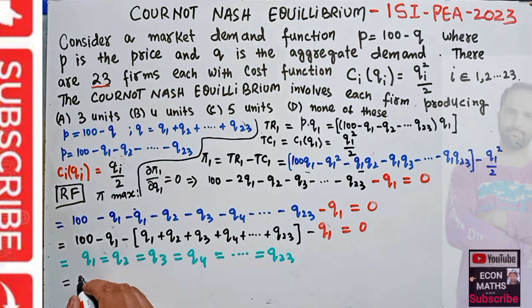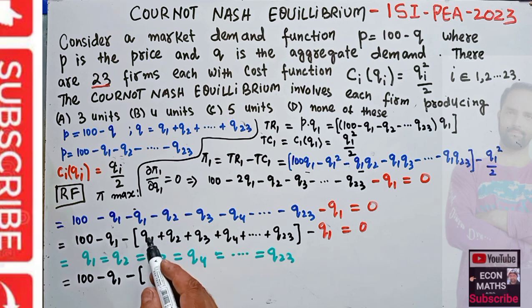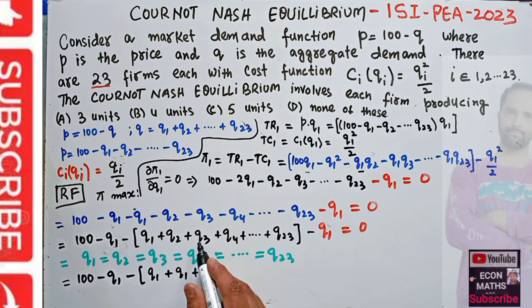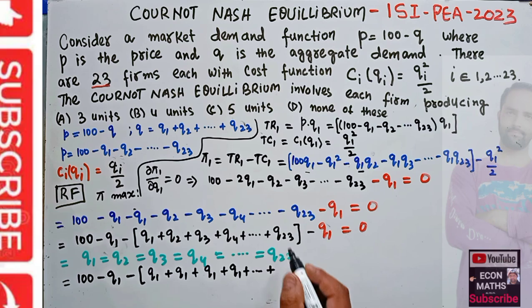If I put this in this equation, then what will I get? We have 100 minus Q1 minus, since we have Q1 up to Q23, for each of these terms, Q1 plus, in place of Q2 again Q1, Q1 plus, in place of Q3 Q1, in place of Q4 Q1, plus up to 23 Q1.